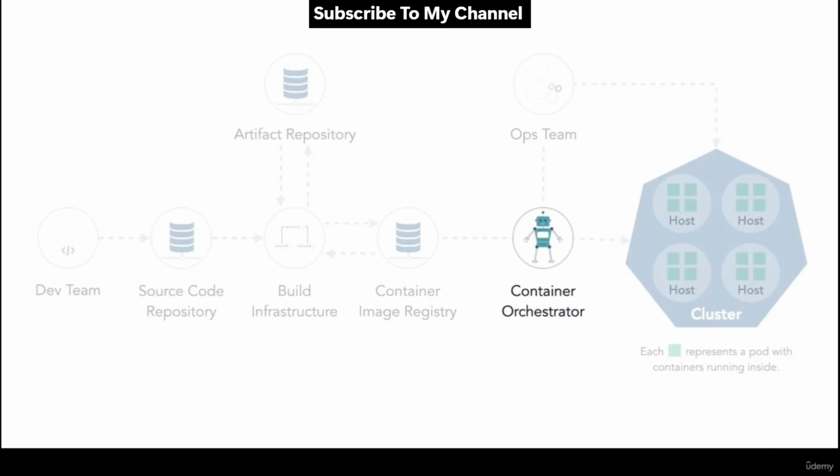A container orchestrator, such as Kubernetes, is set up and configured in advance by the admin. The orchestrator locates an optimal compute node to run the container image. And finally, the orchestrator continues to monitor, run, and restart your application containers.